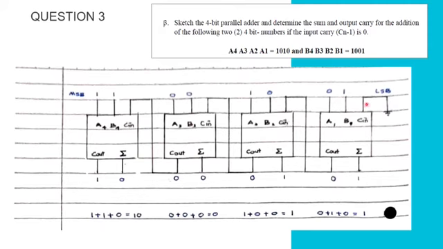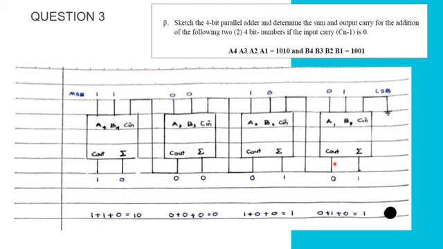And then we calculate the data. 0 plus 1 plus 0 equal to 1. So the sum is 1. C out is 0 because this cannot carry, doesn't have carry value.